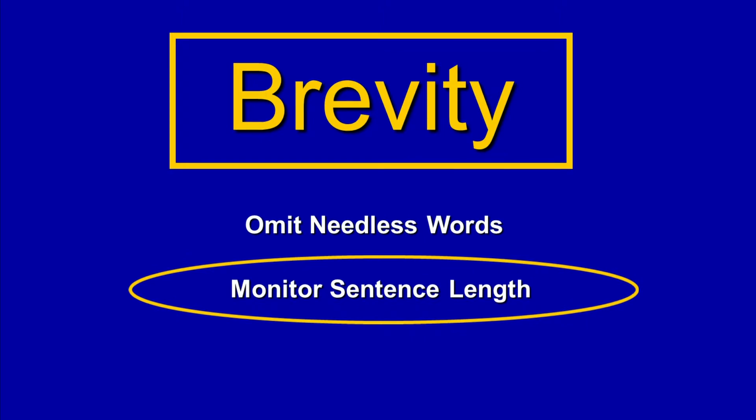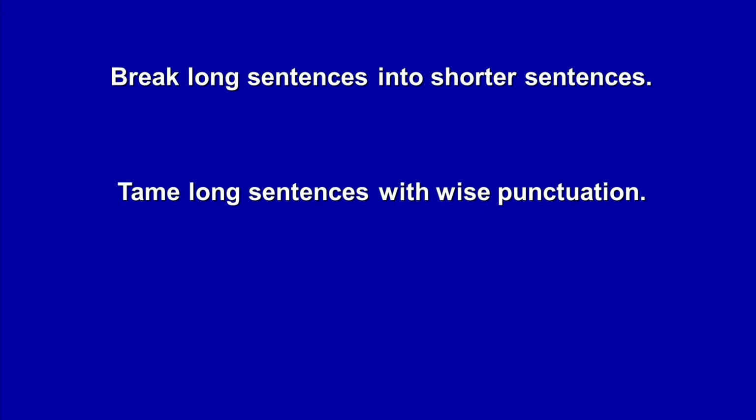There are a few ways to tame an overly long sentence. The obvious solution is to break it into shorter sentences. Another option is to blunt the effect of a sentence's length with wise use of punctuation. But we'll save that solution for the punctuation session.